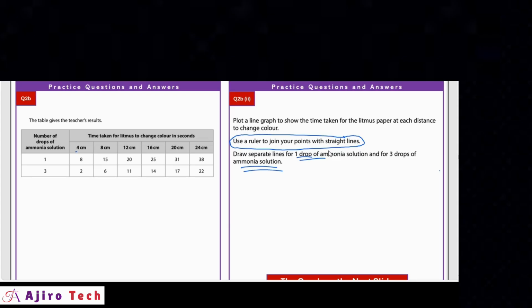So all these 4 centimeter, 8 centimeter, 12 centimeter, 16 centimeter, 20 centimeter, 24 centimeter will be drawn on your x-axis, while your time will be drawn on the y-axis, because time is a dependent variable, while distance is your independent variable, based on the investigation that we are working on.